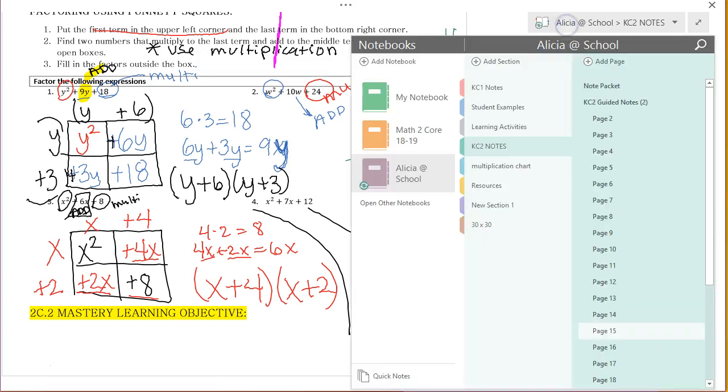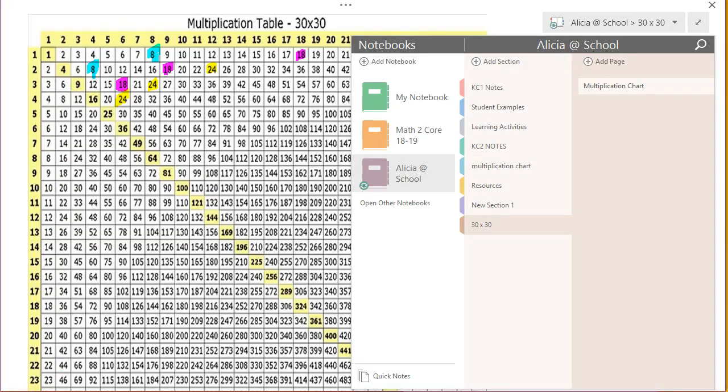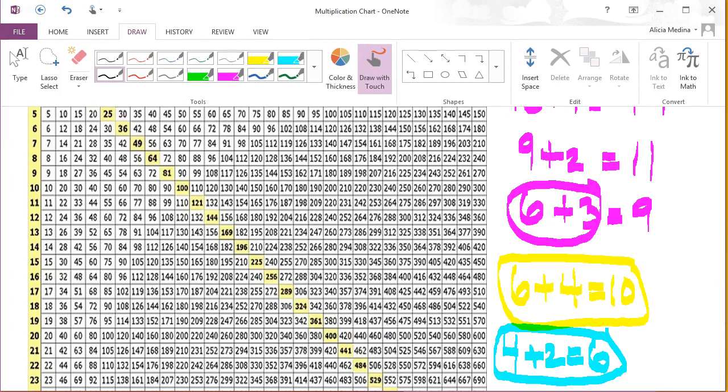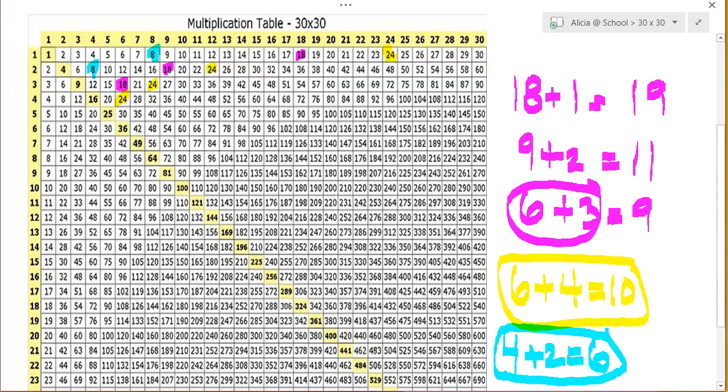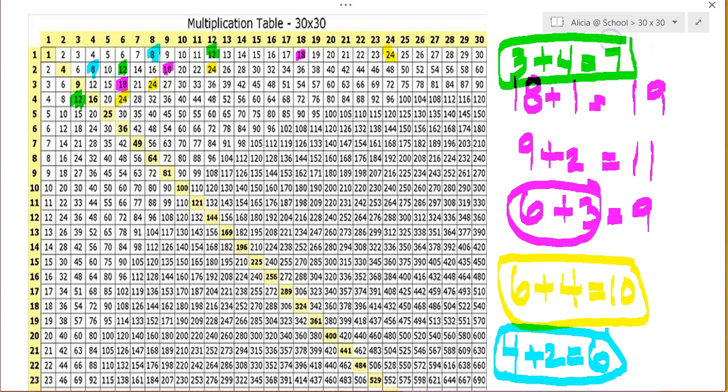So I'm going to go to my multiplication chart, and I am going to be looking for 12s. I see a 12 here. 12 times 1. I see a 12 here. 6 times 2, but that doesn't add up to 7. And I see a 12 here, which is 3 times 4, right? 3 times 4 does work. 3 plus 4 equals 7, which was that middle term, which is exactly what I needed.